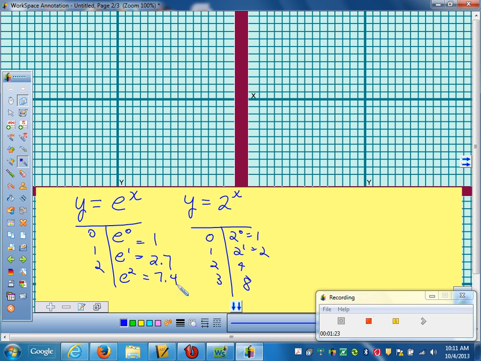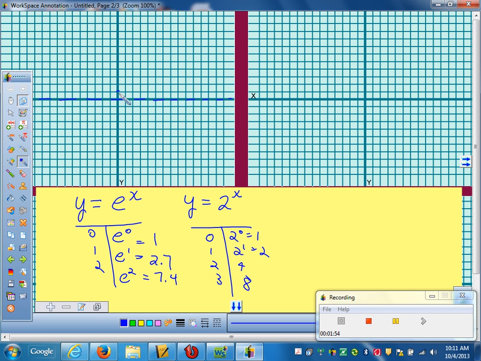So it's going to look exactly the same as an exponential function, because remember, e is nothing more than the base number, 2.718, going on forever. So all we're doing is taking it to a power. Where's the asymptote going to be? It's still going to be an asymptote along the x-axis. It's going to look like every other exponential function.